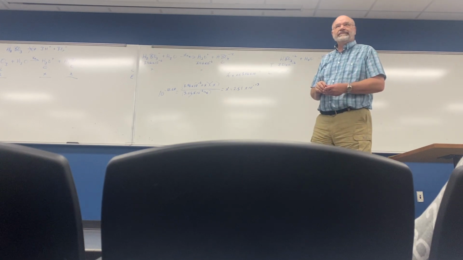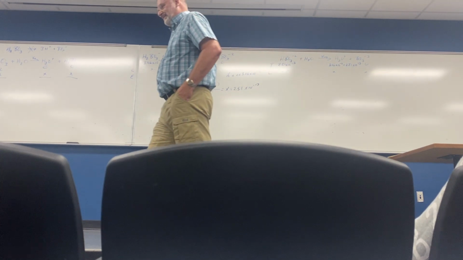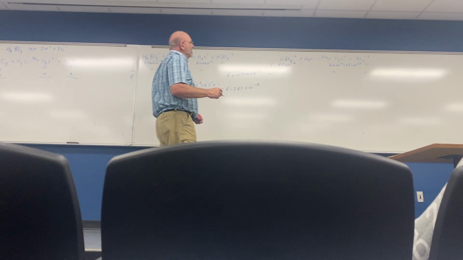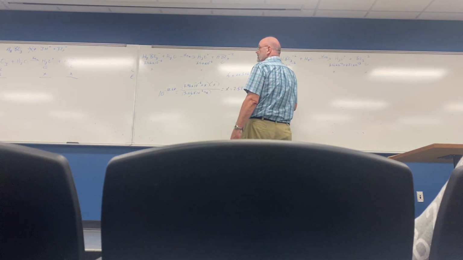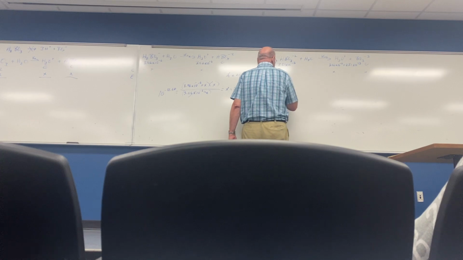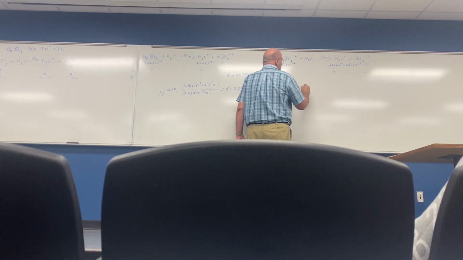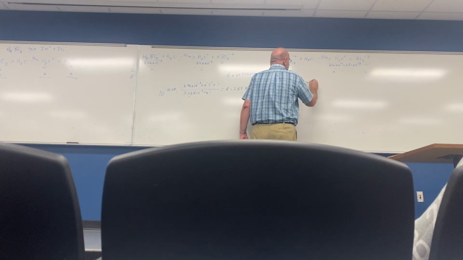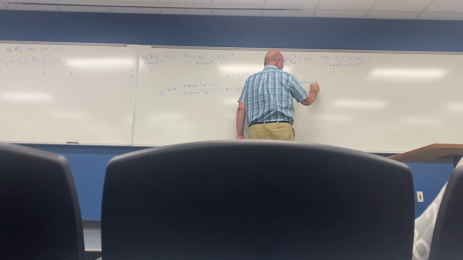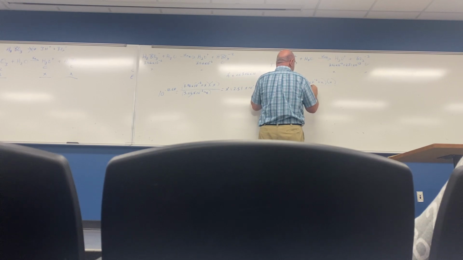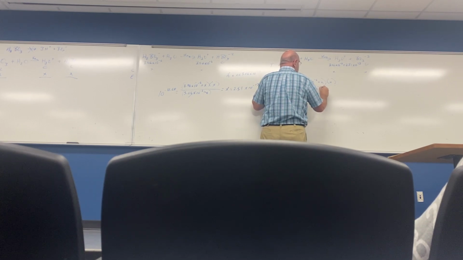All for Ka3. So 10 to the minus 13.14 equals (3.06 times 10 to the minus 6, I'm just going to drop that, plus x) times x over (2.51 times 10 to the minus 13 minus x).